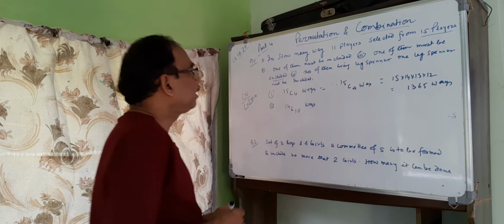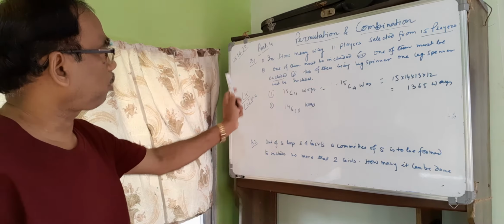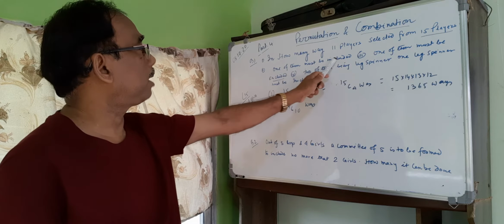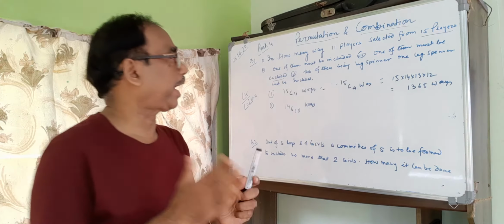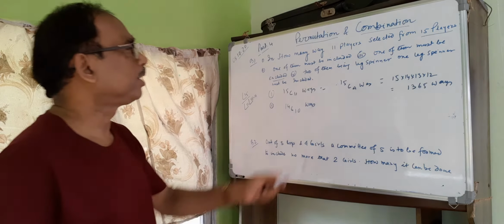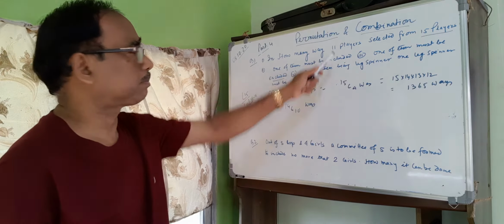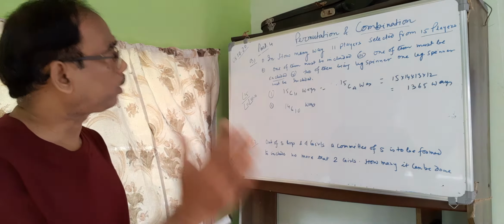I am telling again, that is property number 2: from 11 players one of them must be included means you have to take that one at first. Then the remaining 15 minus 1, 14 players, you have to choose 10 players, because one of them is included at first.